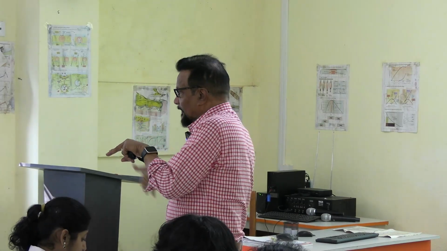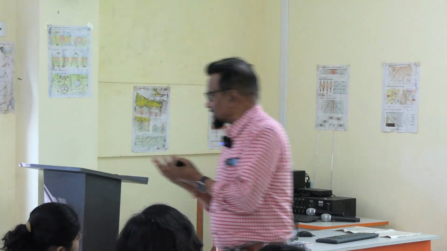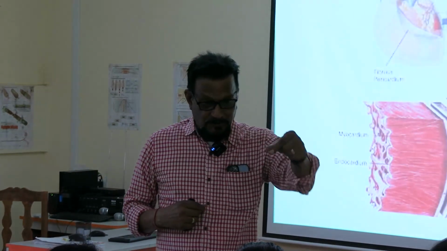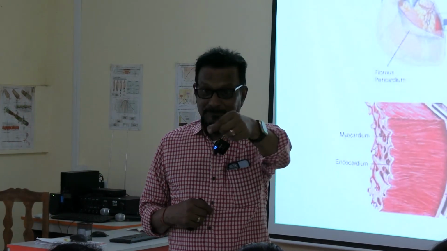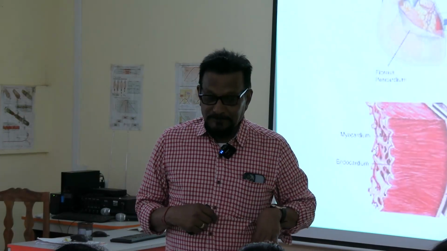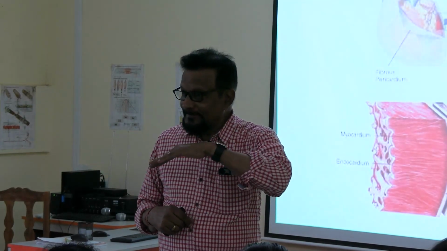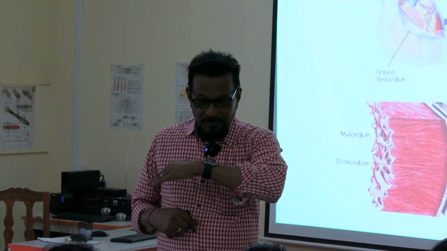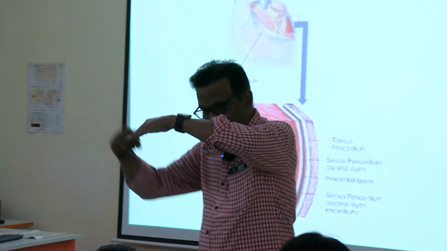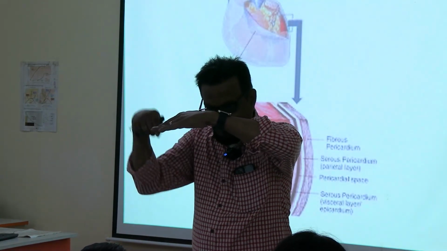That's why if you study the heart from outside, you will see the vasculature. You will see the arteries; these are visible. So they actually lie in the epicardium. From the epicardium, the branches will be entering into the myocardium.